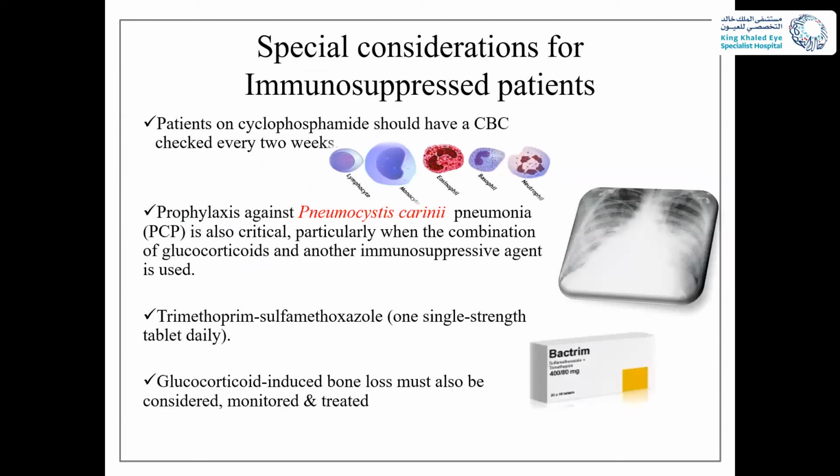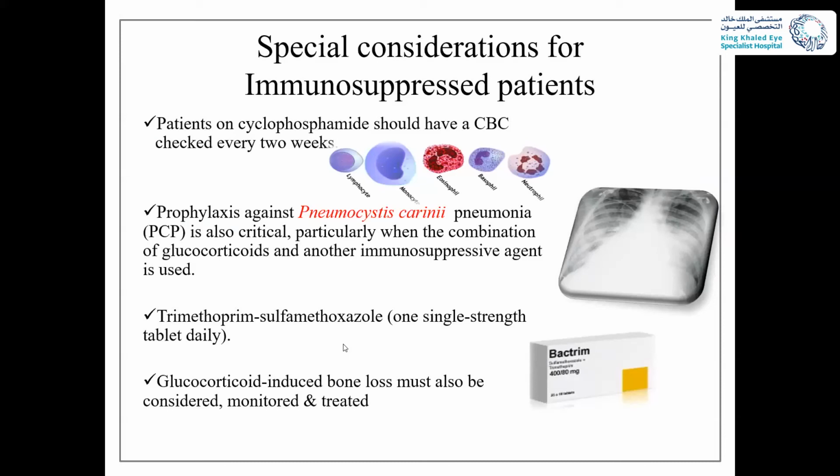Now we have to know about special considerations when we consider immunosuppressants. We have to monitor patients in terms of their CBC profile and their bone marrow function. We should be aware that we are putting those patients at risk of secondary infection with an organism that can be lethal, like Pneumocystis jirovecii pneumonia.